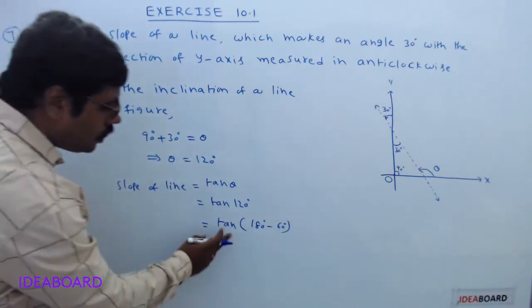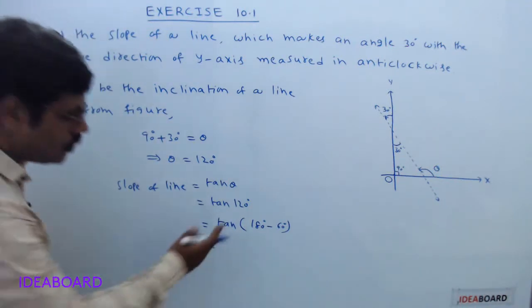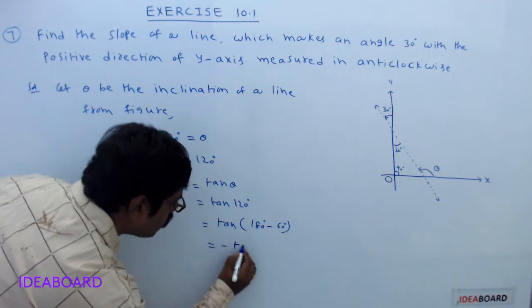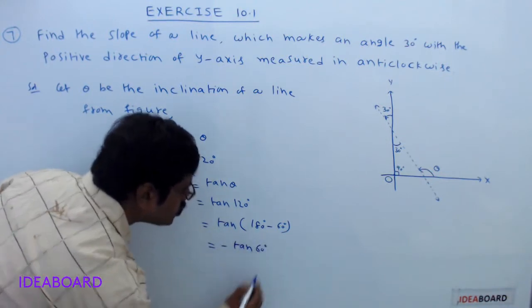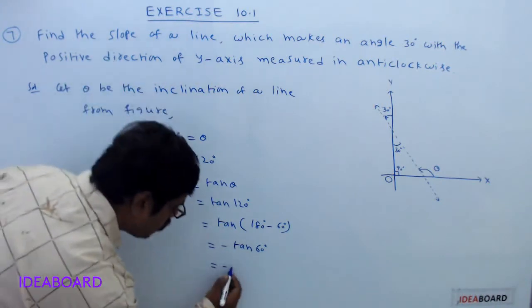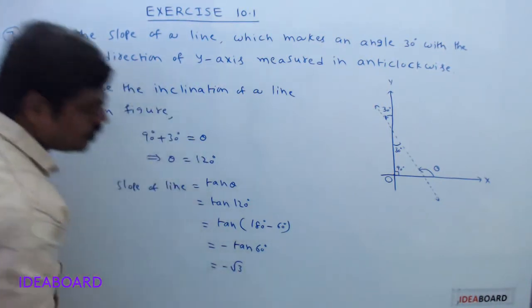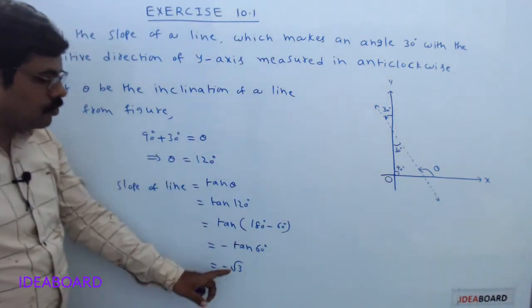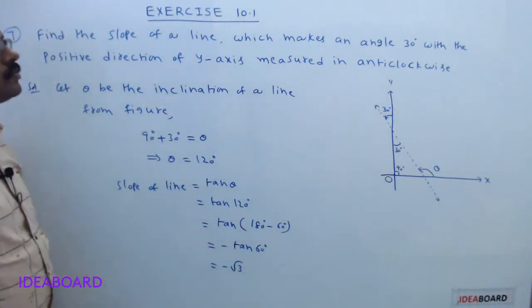In second quadrant, tan function is negative. So tan of 180 minus 60 is nothing but minus tan 60. Tan 60 value is root 3. So therefore slope of the required line is minus root 3.